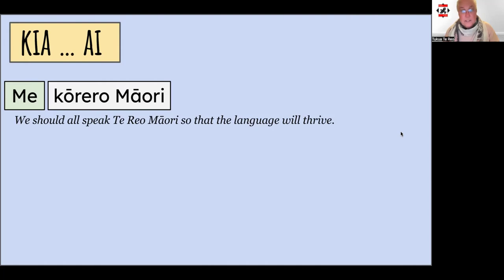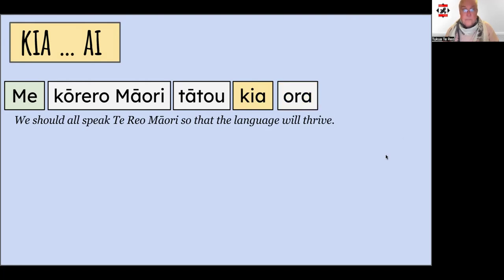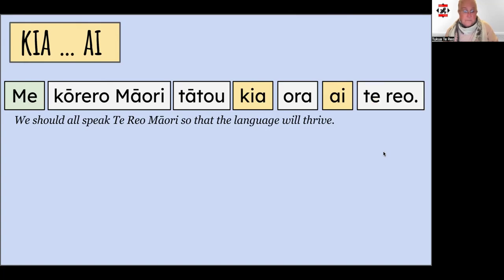Then next we have our subject, tātou. And then to indicate the result that we're expecting to happen, we say kia, so that, and then the result, or the hua, the effect, which is that the language will live or thrive. Kia ora ai te reo. Me kōrero Māori tātou, kia ora ai te reo. We should all speak Te Reo Māori so that the language will thrive.